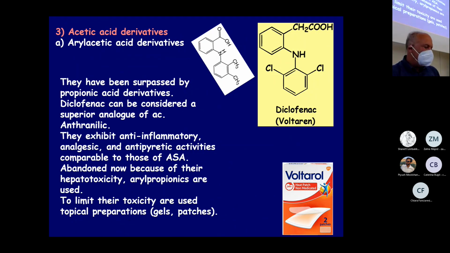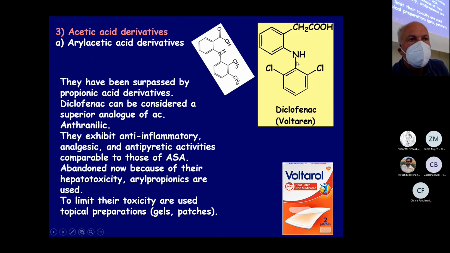As I told you before, it is possible the introduction of an additional carbon between the acidic function and the aromatic ring, by maintaining the same amino group in the ortho position.